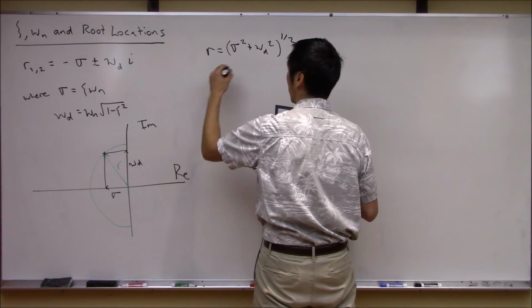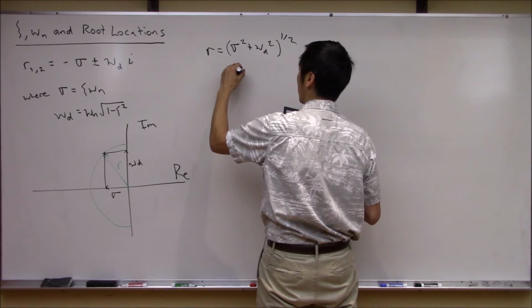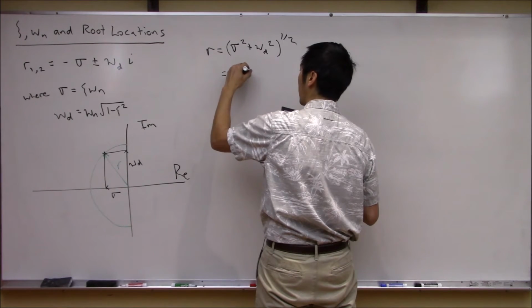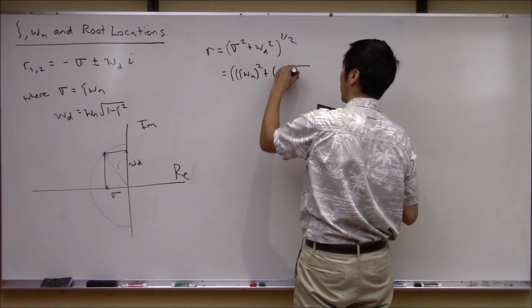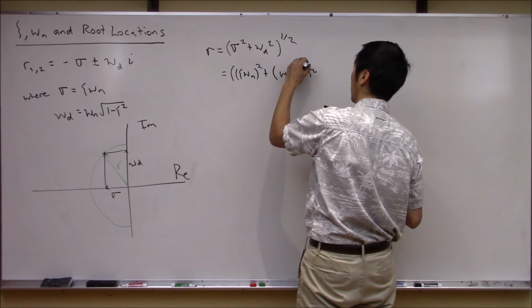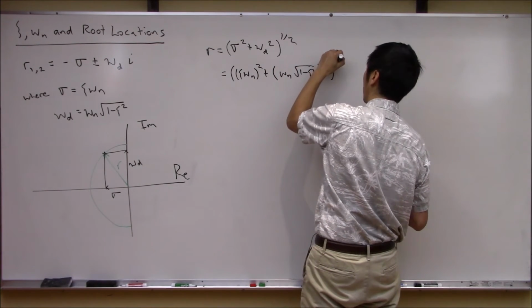So just jam in all of our definitions. This is now sigma, or zeta omega n, squared, plus omega n square root of 1 minus zeta squared, quantity squared, and then square root this whole thing.